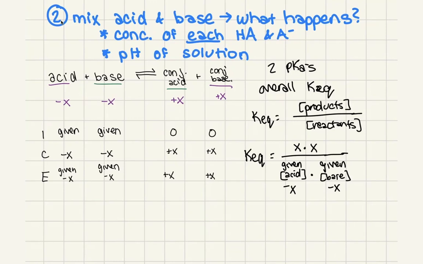So remember that when we're dealing with a pKa, it is always for an acid. So even if we're talking in terms of a base, we can talk about its pKa in terms of its conjugate acid.